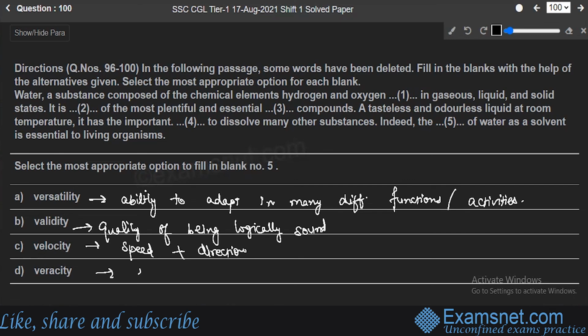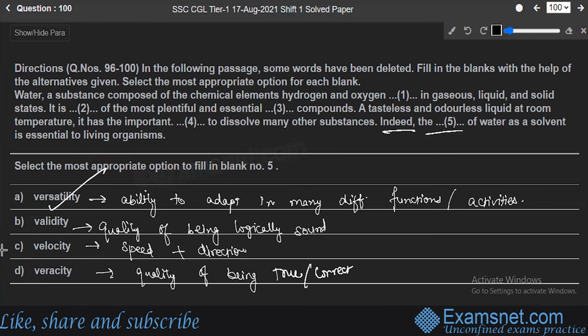Veracity is the quality of being true or correct. So obviously versatility is the correct answer to the question.